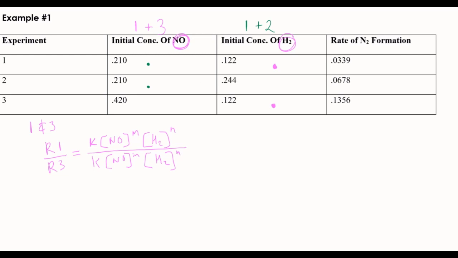All right, so now we're going to plug in some numbers from our equation. I'm going to start with rate 1 and plug those in. So K times 0.210 to the M power, multiplied by 0.122 to the N power.